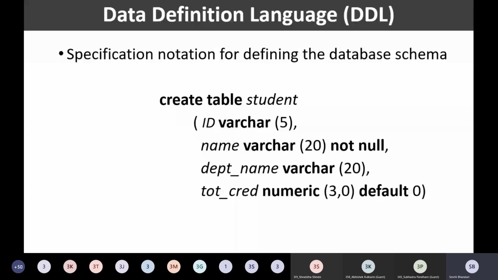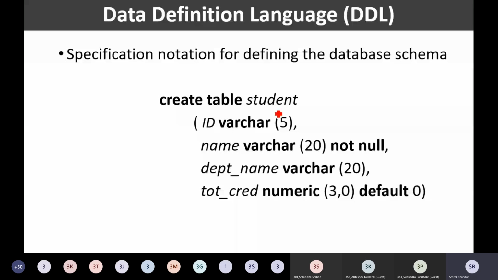One of the statements in DDL, data definition language, is the create table statement. If I want to create a table for a student, I make use of this data definition language. How am I going to write this statement? I write it like create table. Create table is the statement.